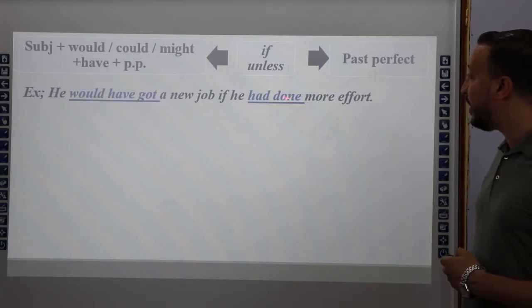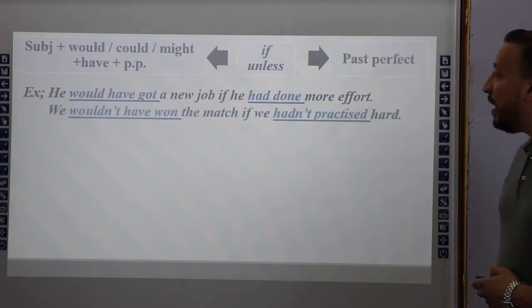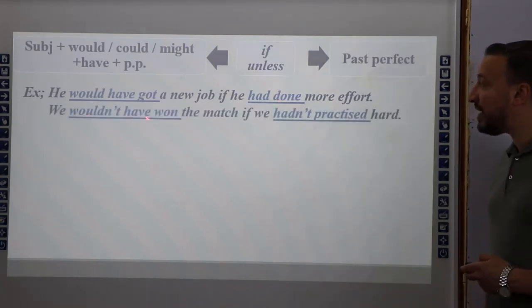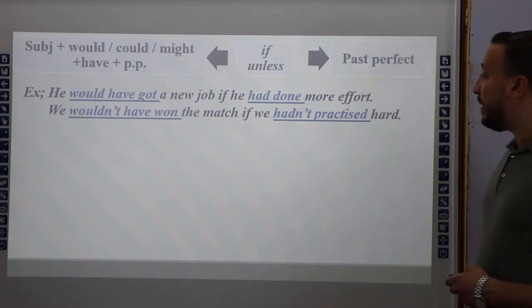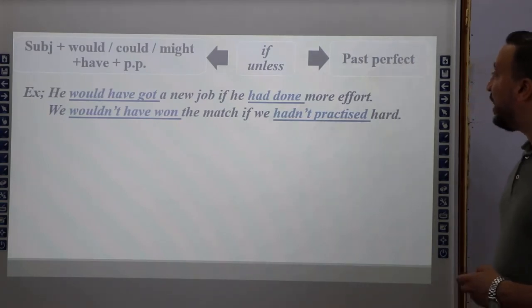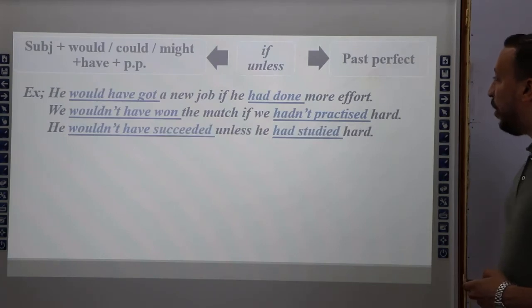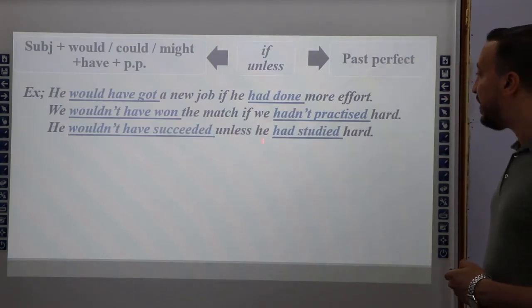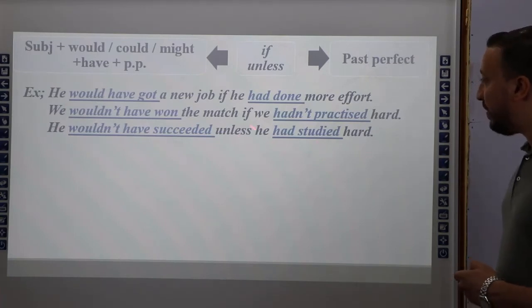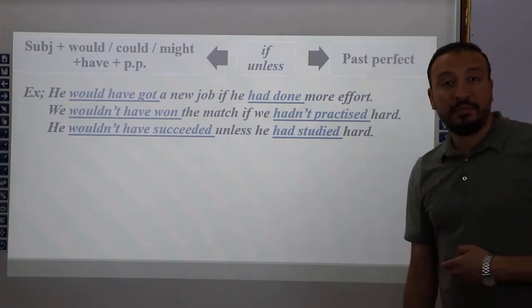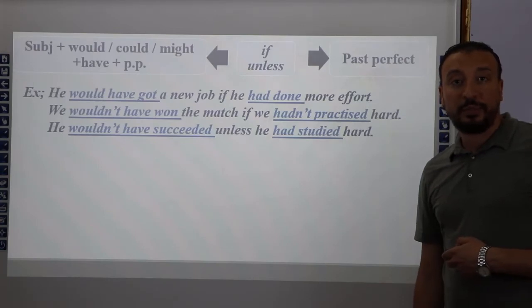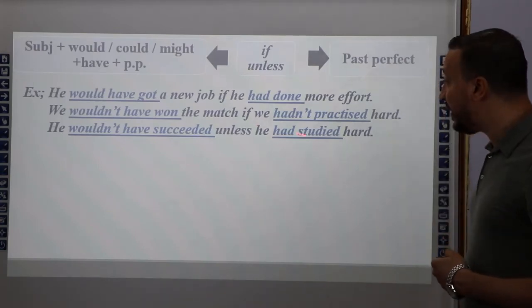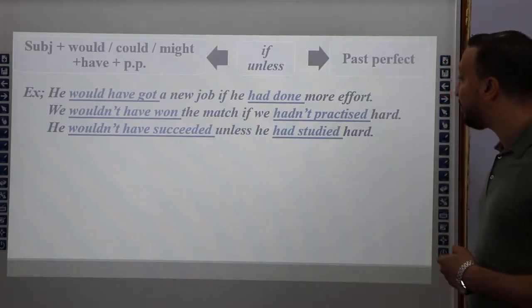He wouldn't have won the match if we hadn't practiced hard. He wouldn't have succeeded unless he had studied hard. Note that unless is followed by had in the positive, never the negative, because unless doesn't come with the negative.